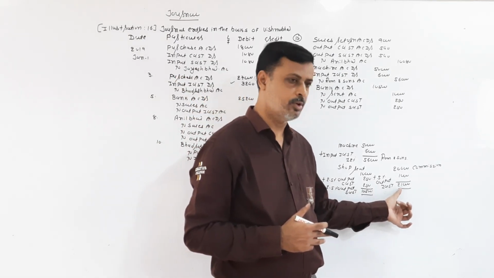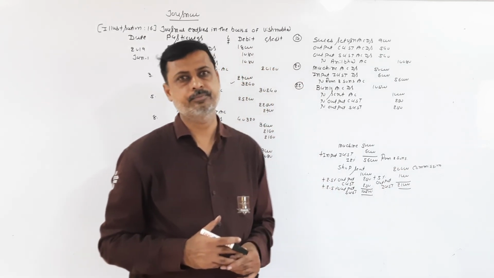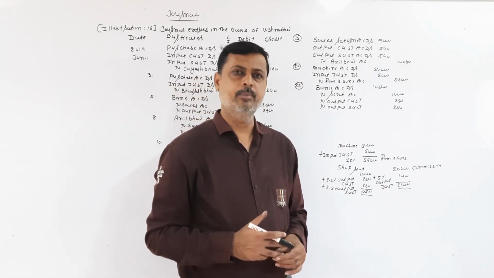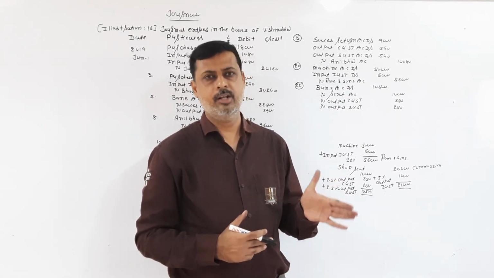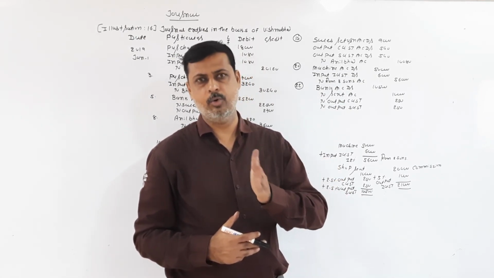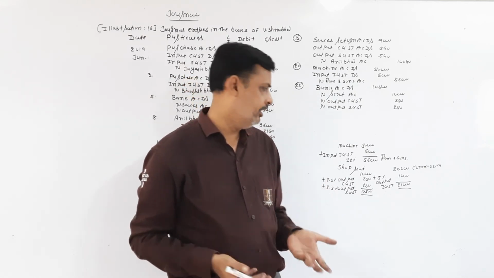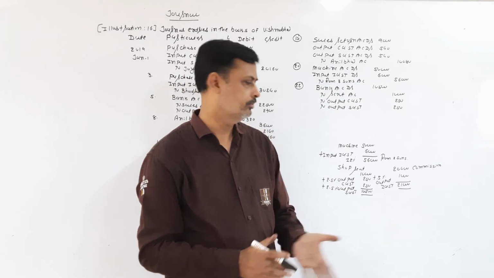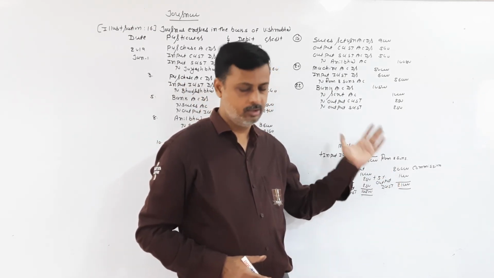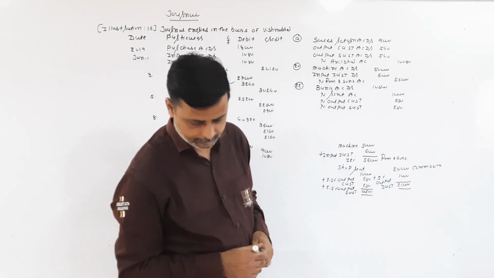So cash account debit 21,000. Commission received is our income, credit income and gain, so commission account credit. And here we also recovered GST 1,000, that is our income, so output IGST 1,000.